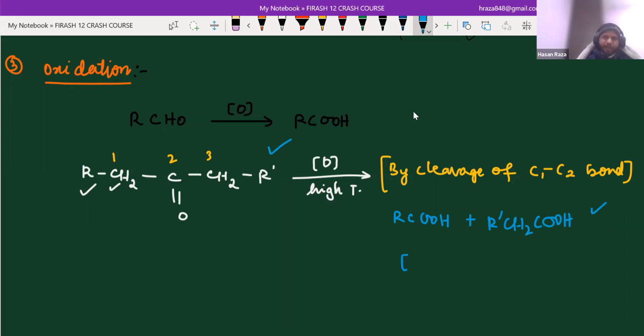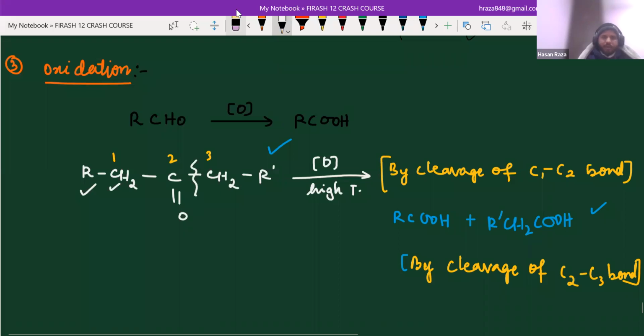Now, by cleavage we will get 4 products. By cleavage of the C2-C3 bond, if you break this bond, you can see on the right hand side, it is R'CH2 left. This will be one.